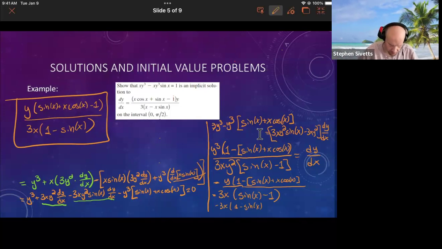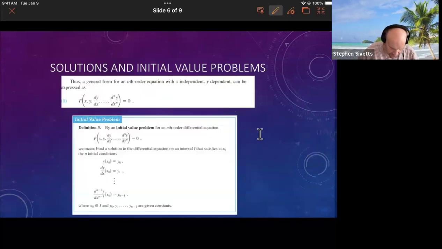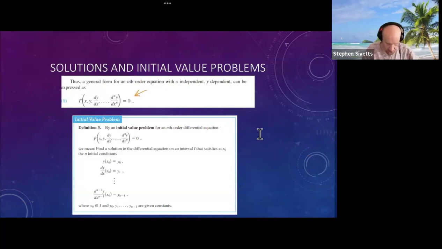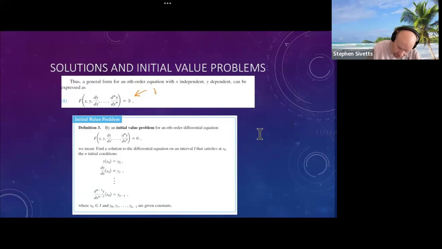So what I want to look at now is, once again, this is the general form of an implicit nth order differential equation, right? Any differential equation can be solved implicitly like this, okay? But not many equations can be formulated explicitly, okay?